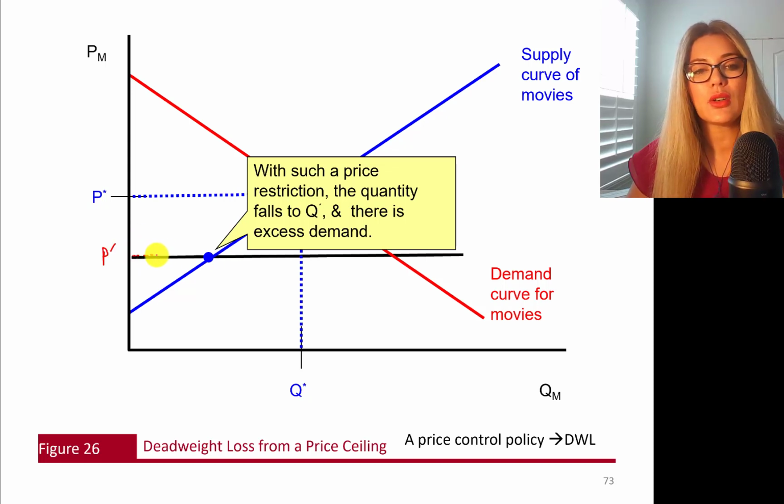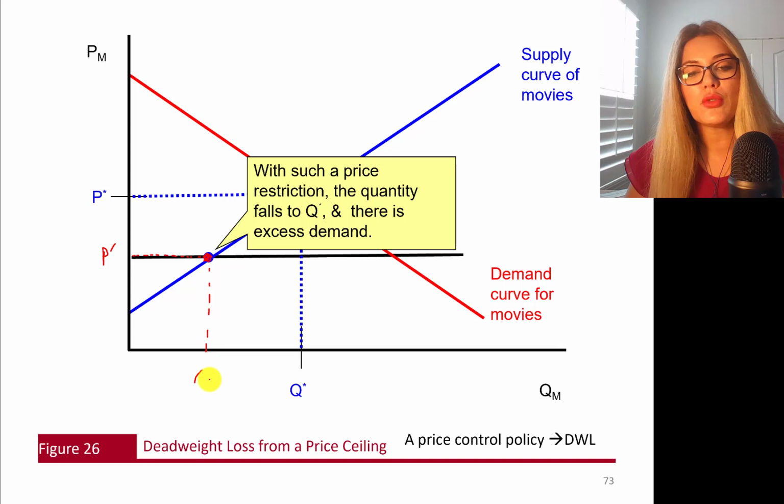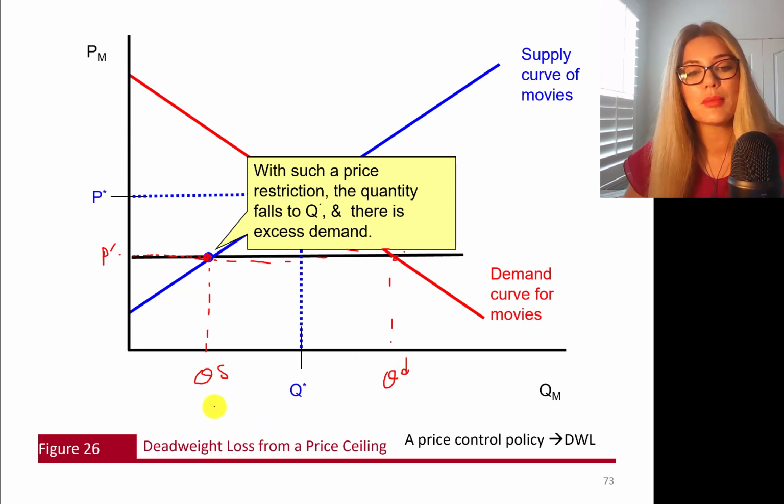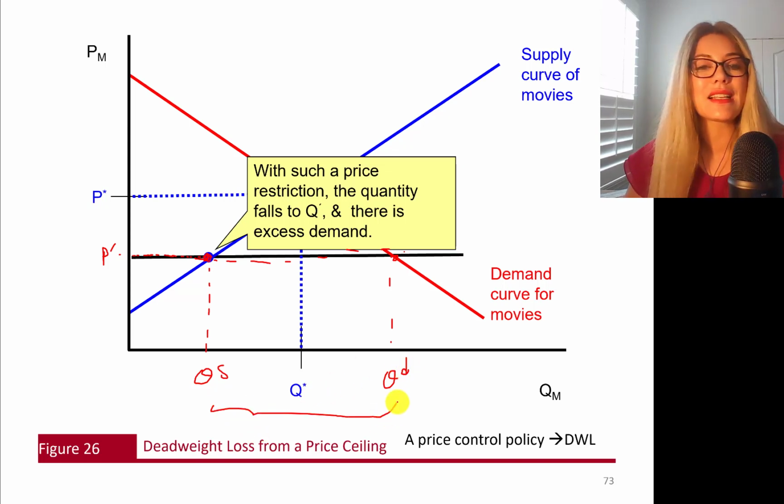Start from the ceiling, go hit the first curve that comes your way, the supply curve. So the quantity of movies supplied is here. At this low price, start from this price level, go hit the demand curve. This is the quantity of movies demanded. Now, quantity demanded is not equal to quantity supplied, so there's what we call excess demand here.